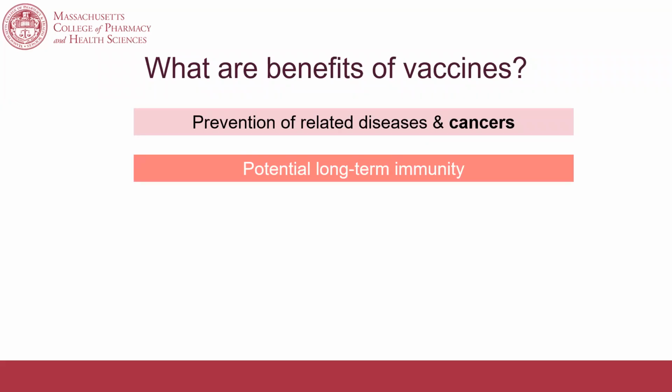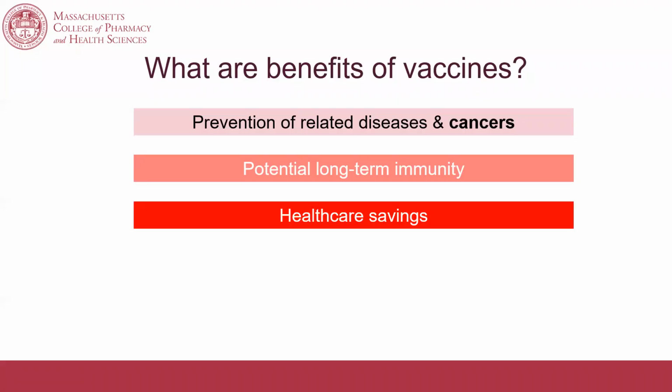Otherwise, what are the other benefits? Well, vaccines can potentially induce long-term immunity. They could prevent future infections. And vaccines are cost effective compared to the indirect and direct cost of getting sick or dying from a preventable disease. Vaccines are amazing.